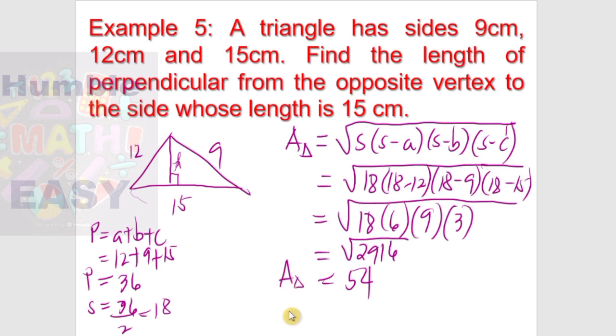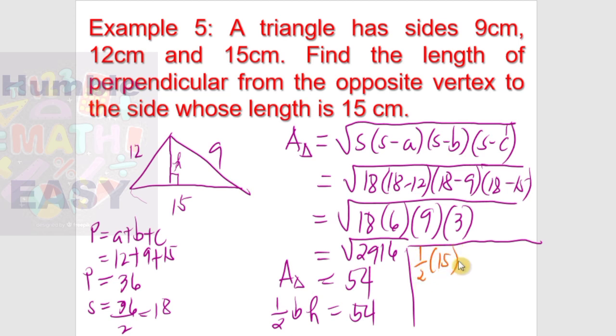And take note that the area of a triangle is also the same as 1/2 base times the height. So therefore we now have another situation wherein we're going to find the height. So we have 1/2 times base, which is 15, times the height.